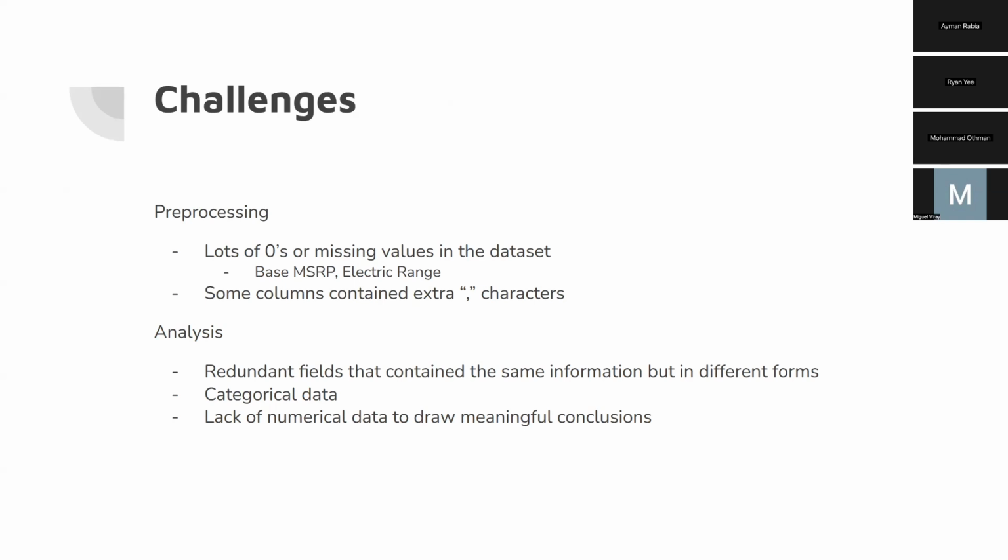Due to the lack of numerical data, we couldn't make many meaningful conclusions. And there were a lot of redundant fields that just contain the same information, such as the vehicle location and county and even the postal code, because for example, the vehicle location field was just the latitude and longitude of the center of the postal code. So a lot of it was just redundant.